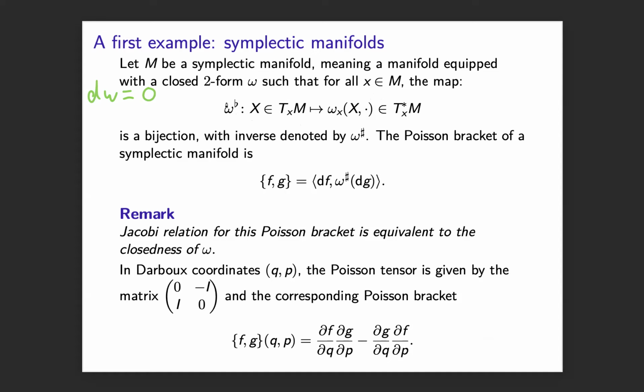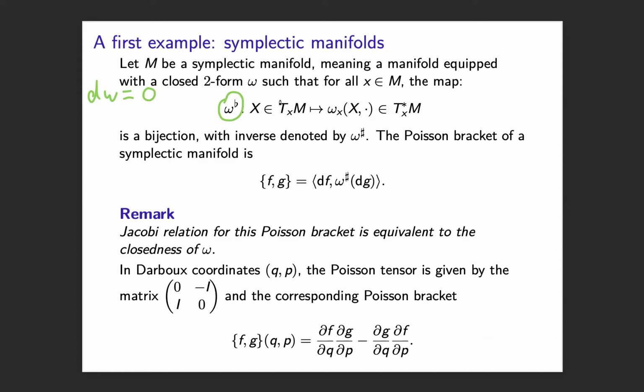So this map, omega flat, is a linear map. It's equivalent to say that it's a bijection or an injection or a surjection, because T_xM and T*_xM have the same dimensions.